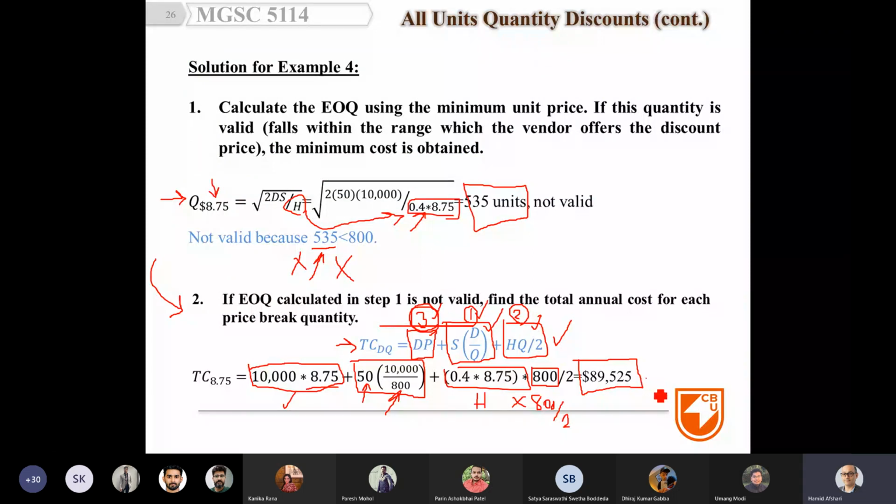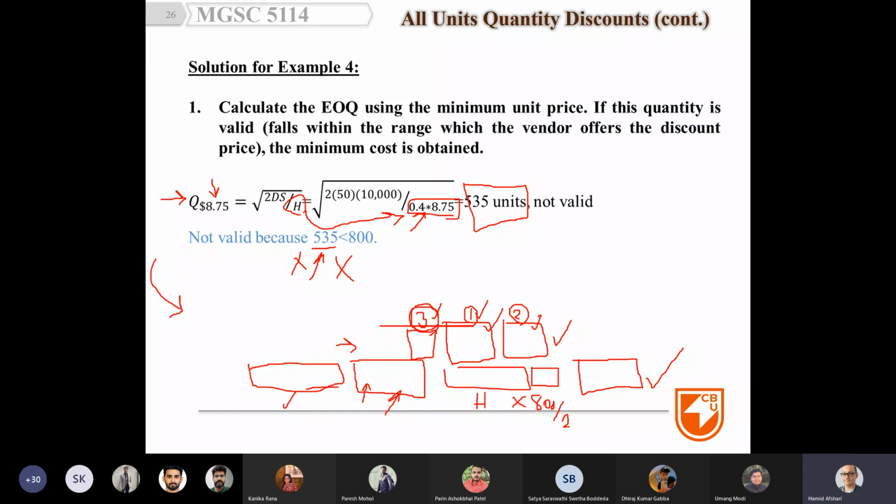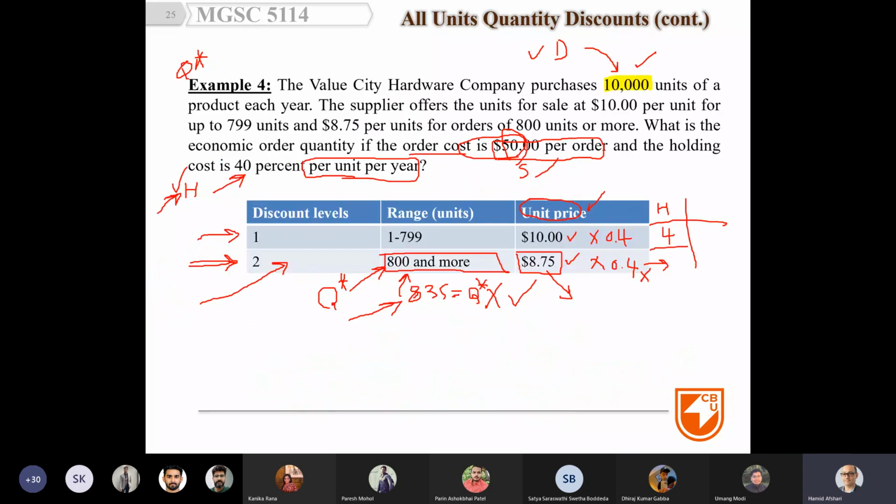Okay, so this is the total cost of the second discount level. What's the next step? What should I do as the third step? I should also calculate the economic order quantity and total cost for the first range, correct?